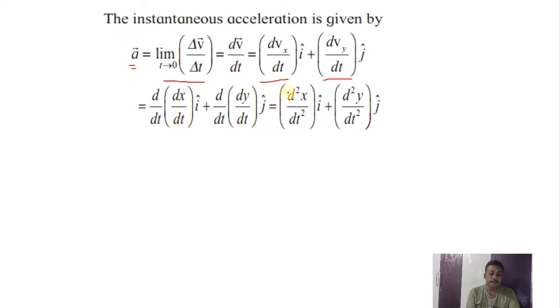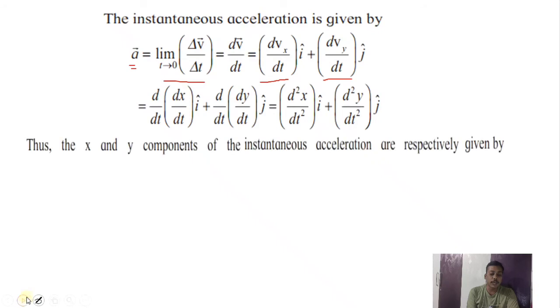So dvx bar by dt is the x component of acceleration and this is the y component of acceleration. So here we get d by dt of, now what is vx? Vx is the rate of change of displacement with respect to time.